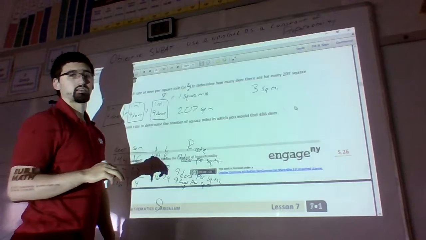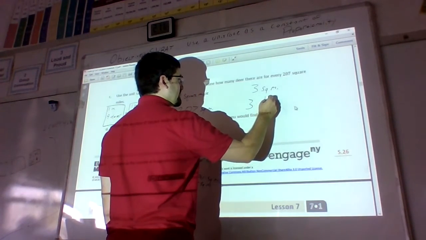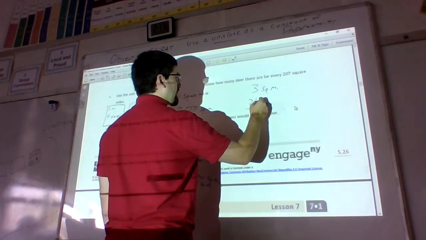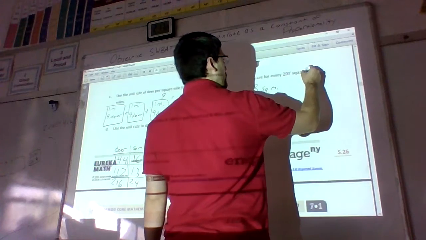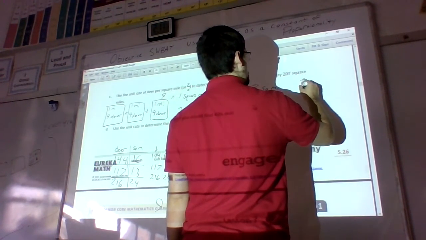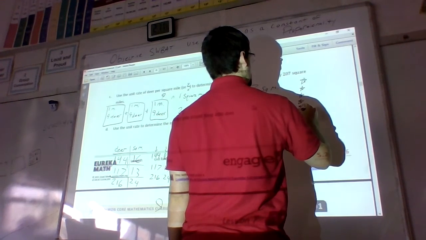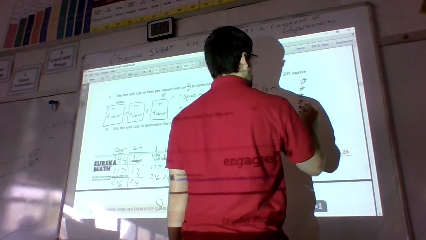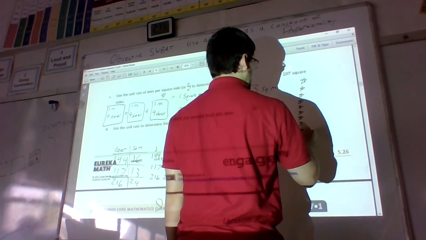How many is 3 groups of 9? We show that by 3 times 9. Okay, maybe you remember this from when you were younger. Let's just do stars. 1, 2, 3, 4, 5, 6, 7, 8, and 9.